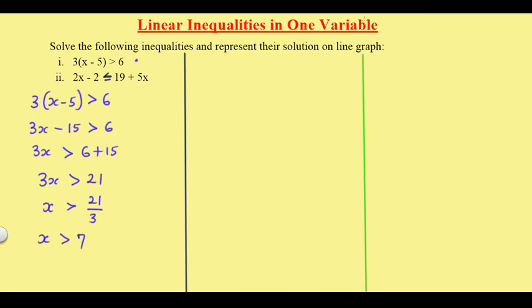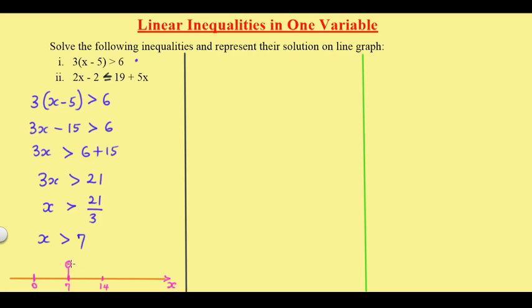Now let's put it on a number line. To put this on a number line, let's say we have the graph drawn this way, and if we are dealing with something greater than 7, let's say this is 0, this is the graph of x. So if we have this as 7, 14, and so on, this basically tells us that x is greater than 7.